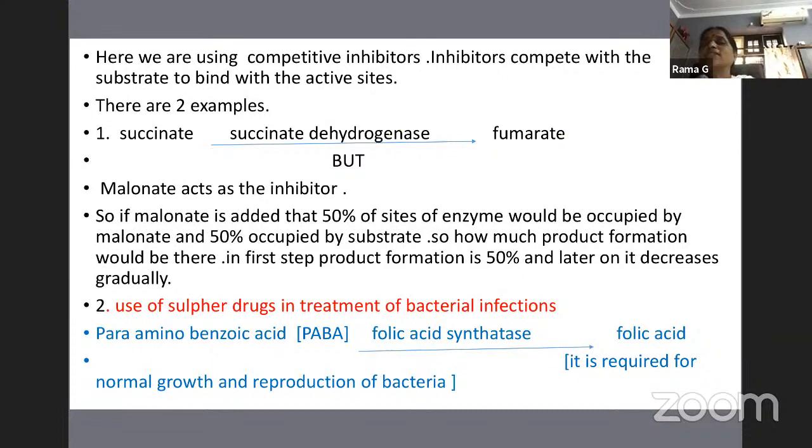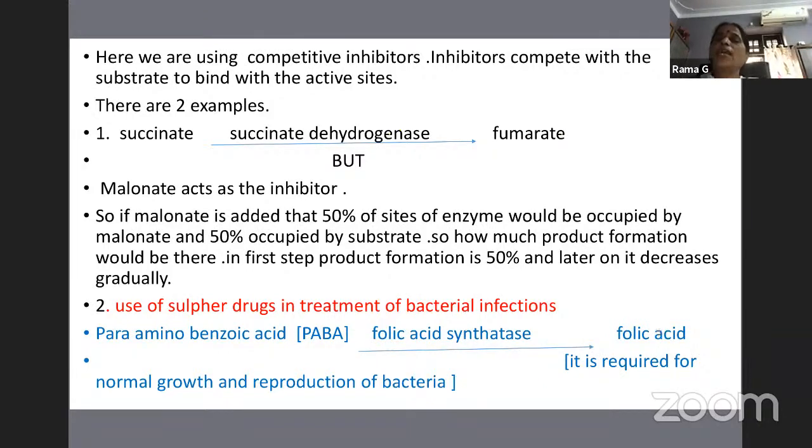This folic acid is required for normal growth and reproduction of bacteria. Usually it is utilized by microorganisms for their vegetative growth and reproduction. This is the normal reaction. PABA changes into folic acid in the presence of an enzyme, folic acid synthetase. So here a useful enzyme is folic acid synthetase. In its presence, PABA turns into folic acid.